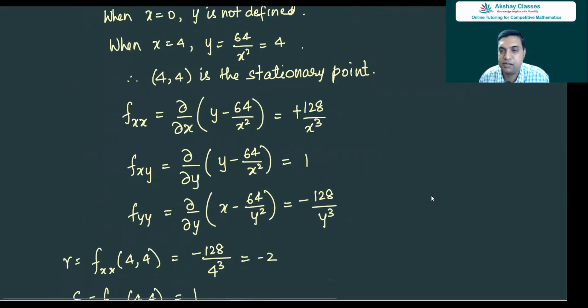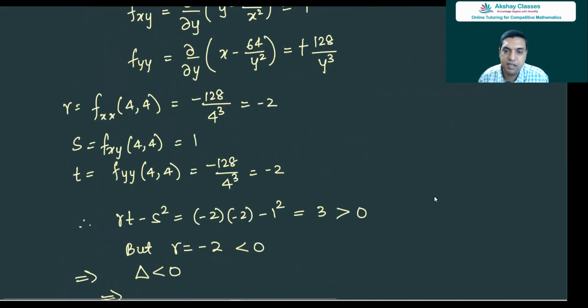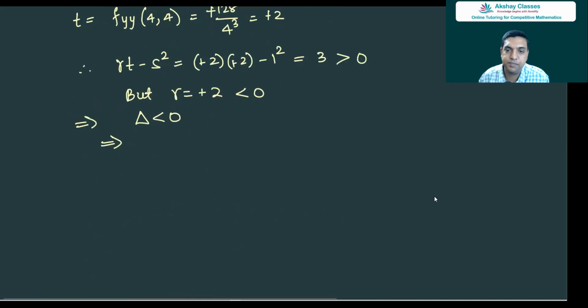This will be plus 2 by x cube. So this will be plus, this will be plus, this will be plus. So r is greater than 0, delta is greater than 0. So if delta is greater than 0, it means f of 4 comma 4 is the minimum value.